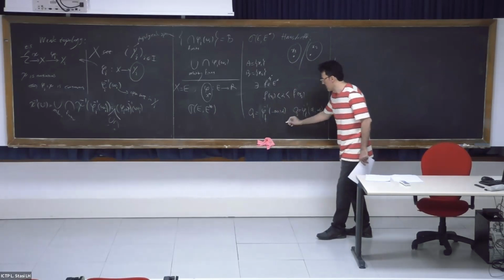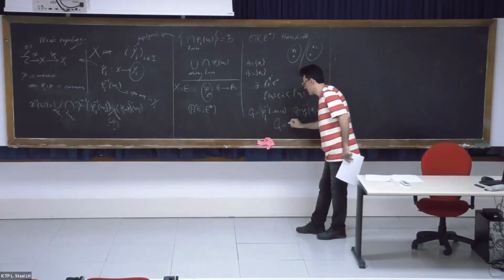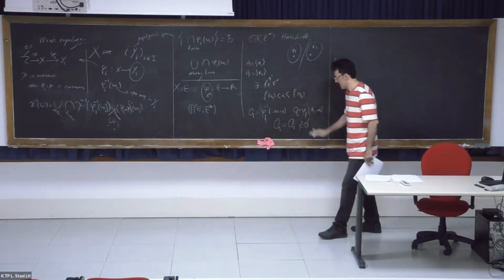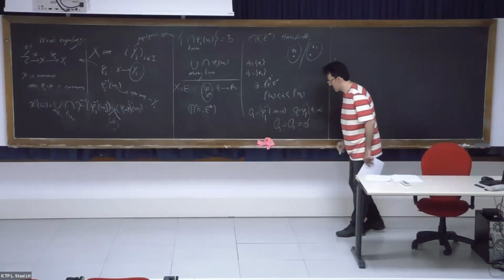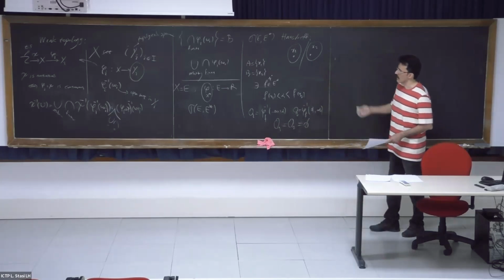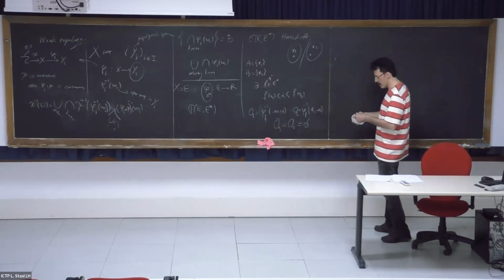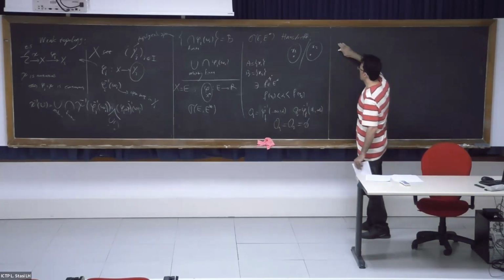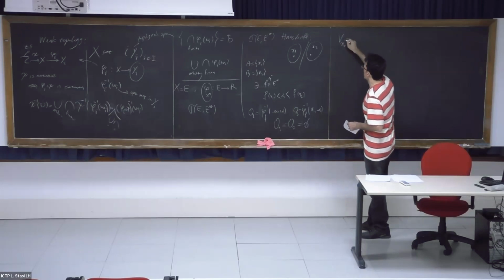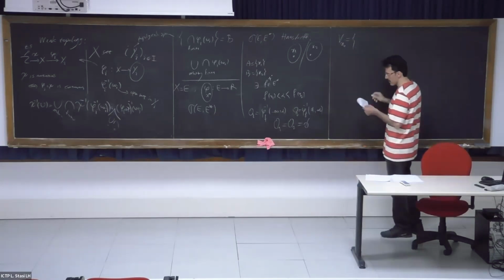You see that the intersection of O1 and O2 is empty. So it is Hausdorff. And the basis of neighborhoods for x0 is defined for x0 like this.